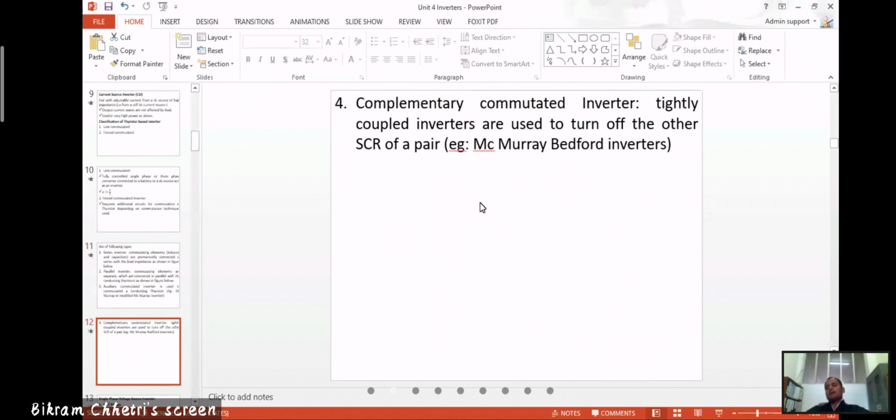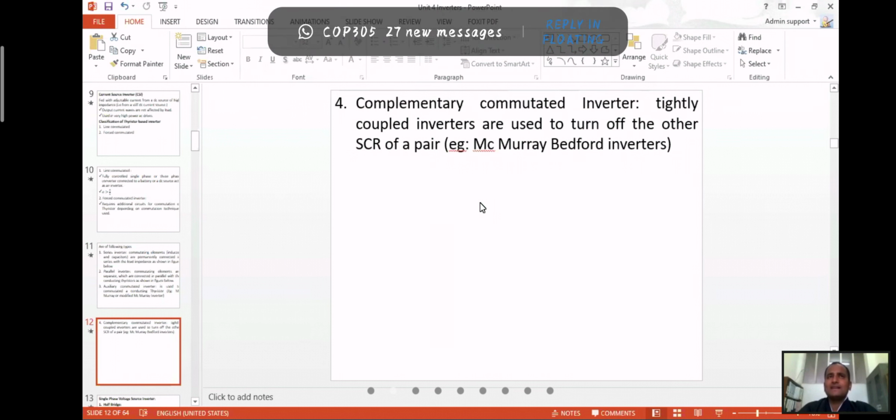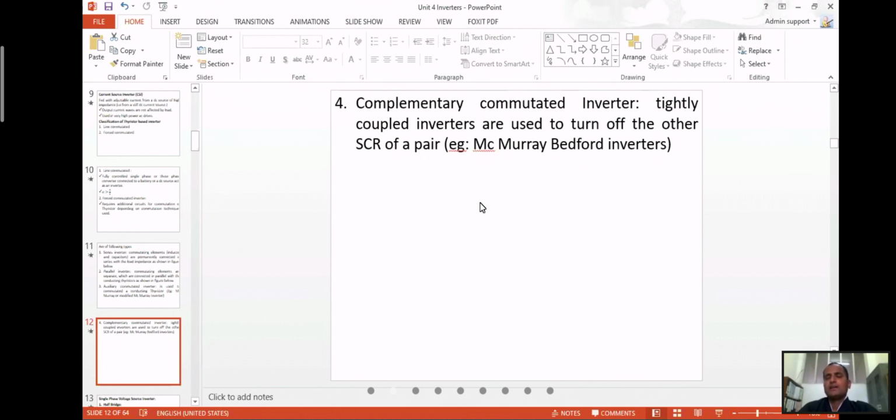And complementary commutated inverters are another type, which are tightly coupled inverters used to turn off the other SCRs. Commutation is the most difficult task in an SCR or thyristor, because commutation means you are stopping the SCR from conducting.